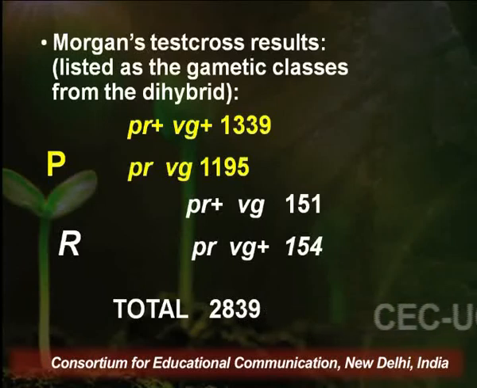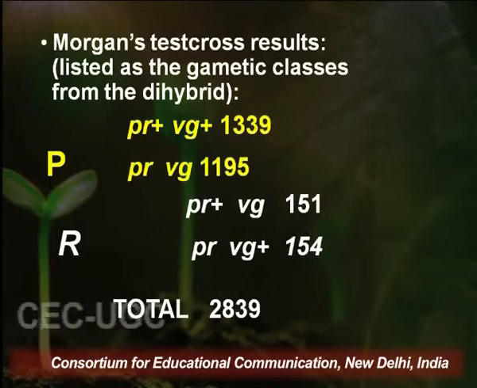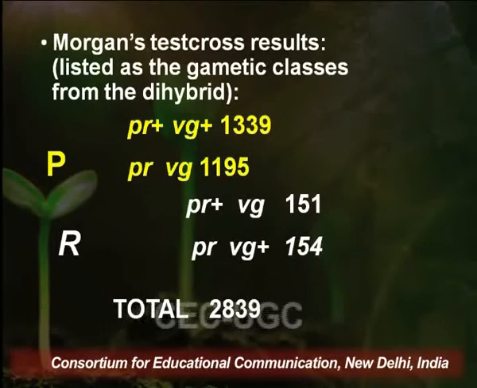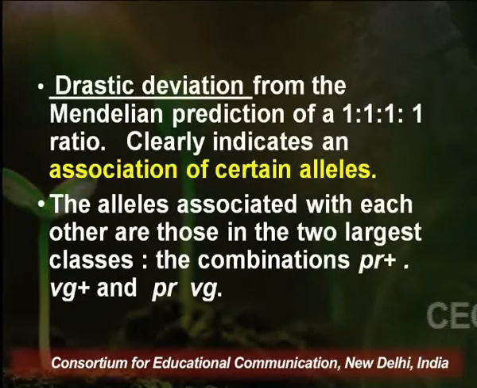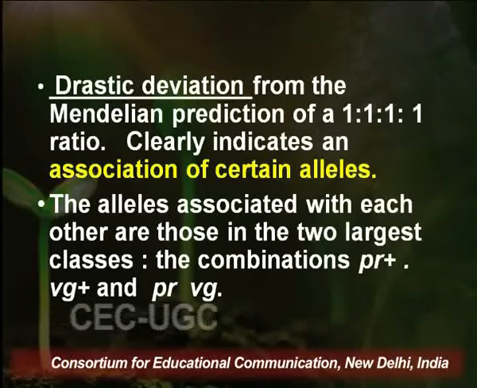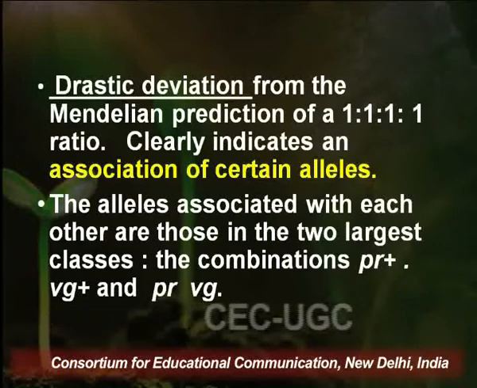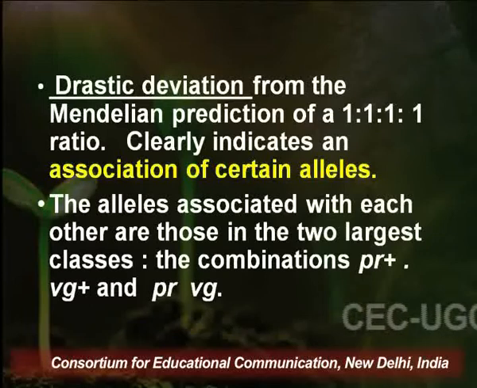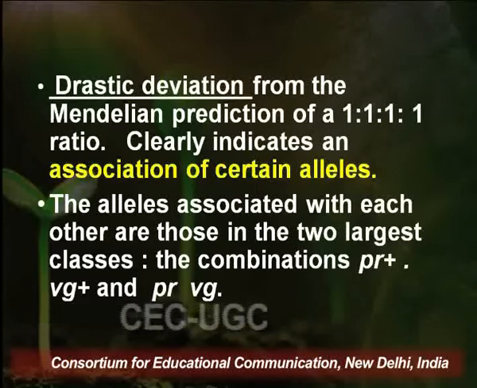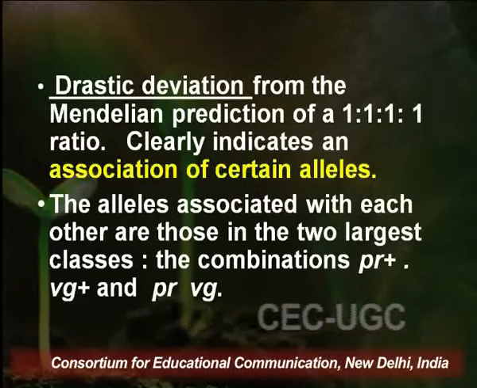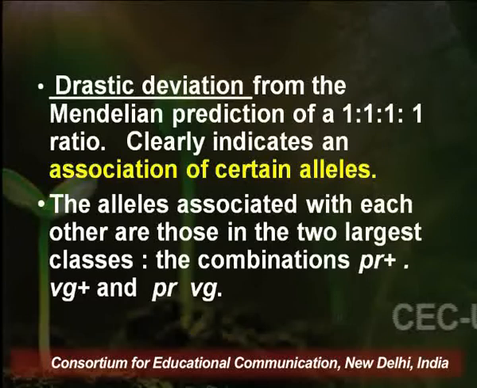2,839 individuals, he found that the parental combinations were very high in number, and the recombinants were much less. The pattern was, of course, way different from the expected ratio of 1:1:1:1. So if this ratio was not obtained, it clearly indicated that there was some sort of association between certain genes.